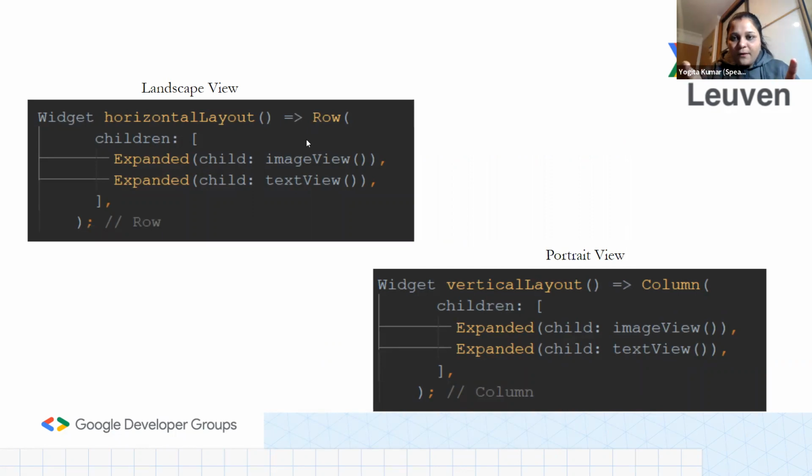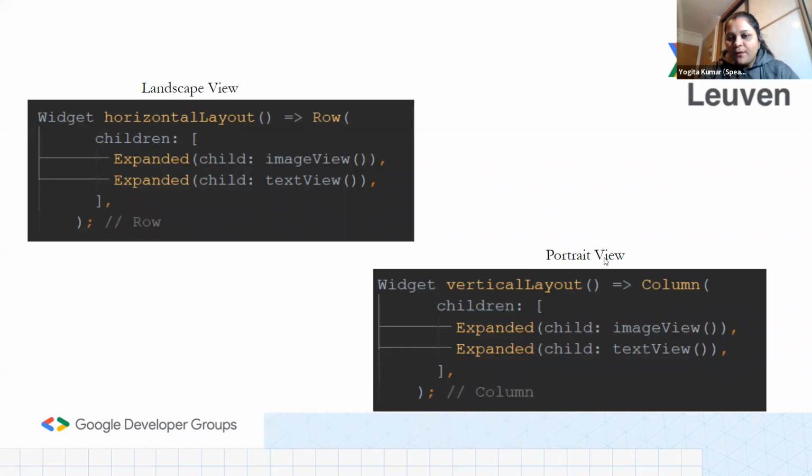When you rotate your device and it comes into landscape mode, it is going to show you a row of the image and the text view. Whatever that row space is, it is now equally divided between the image and text with the help of this Expanded widget.